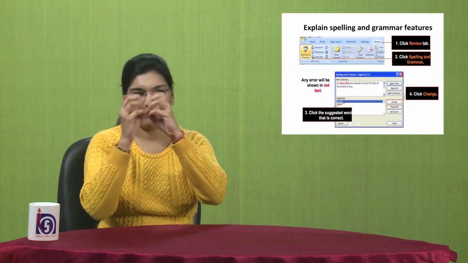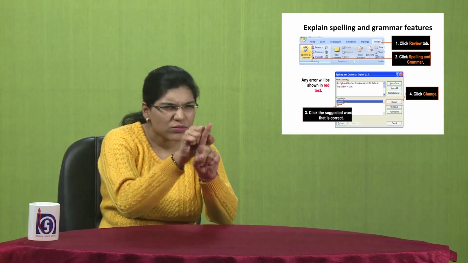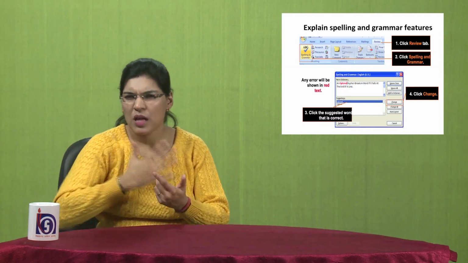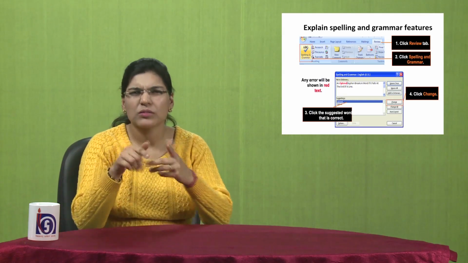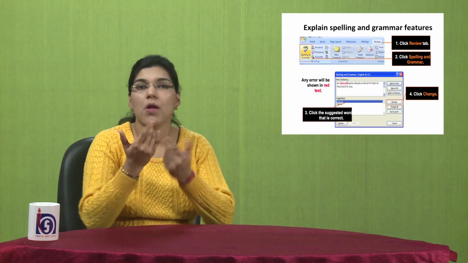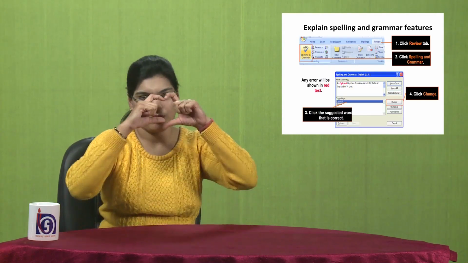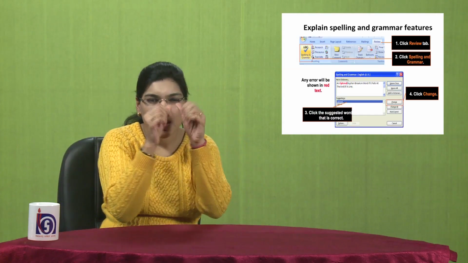You all know that in different designs there are also spelling and grammar features. So when you click on the Review tab and click on Spelling and Grammar, any error will be shown in red text.